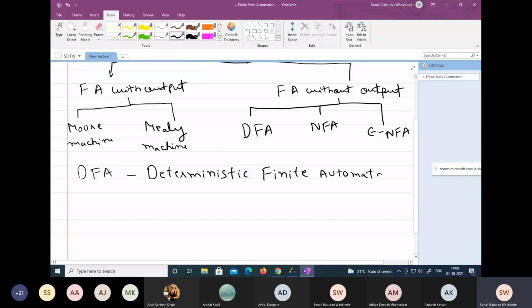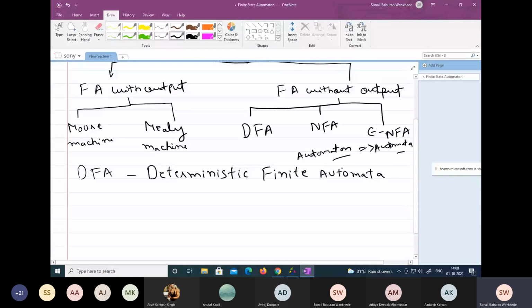It is either called automaton or automata. In some books it's referred to as automaton, whereas somewhere it is referred to as automata, but both of them are the same.